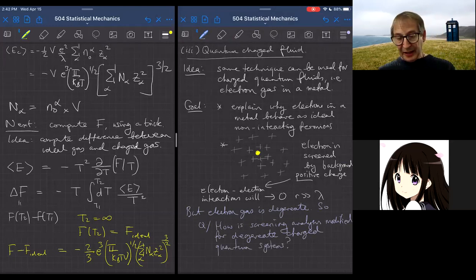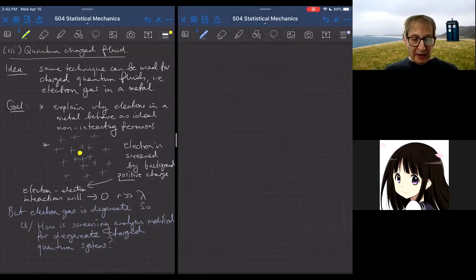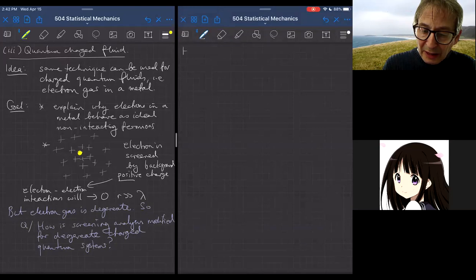So that's the answer, or rather that's the question. The way that I'm going to answer it, I'm not going to go through it in detail, because I think this is something that you should be doing in your solid state physics class. But what I'm going to do is work out for you what is the density regime where the screening actually works.